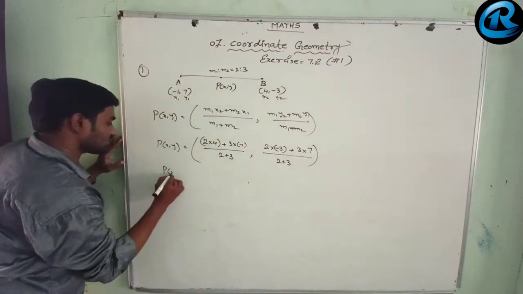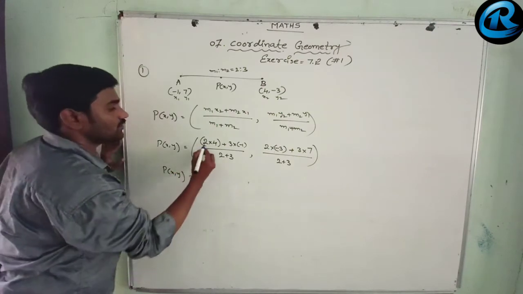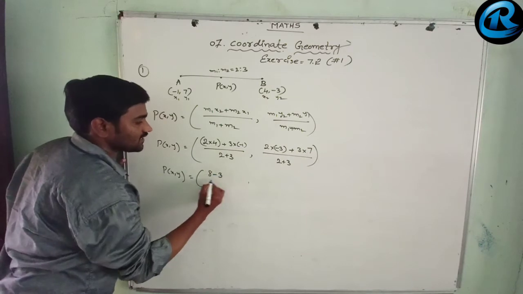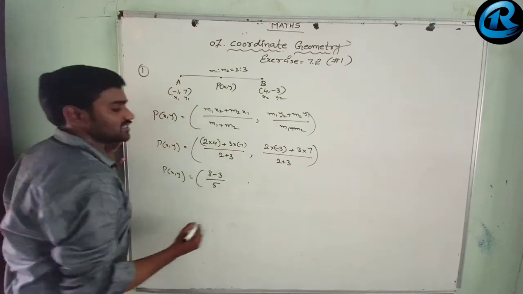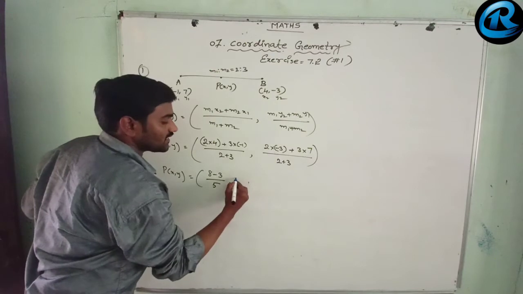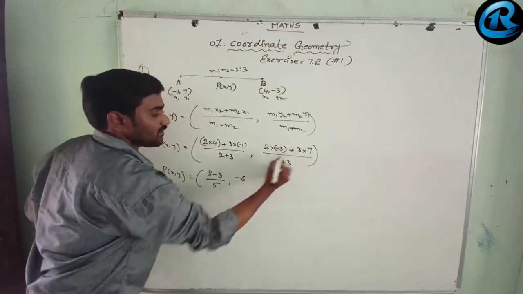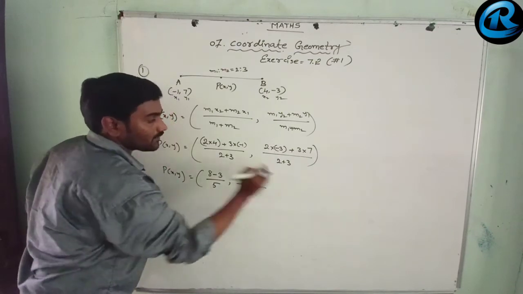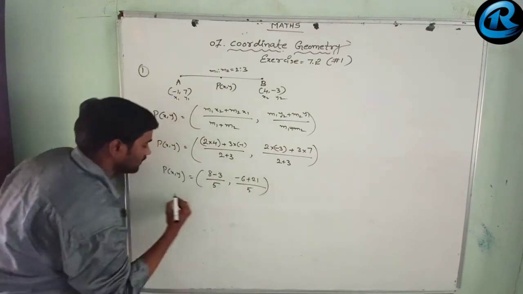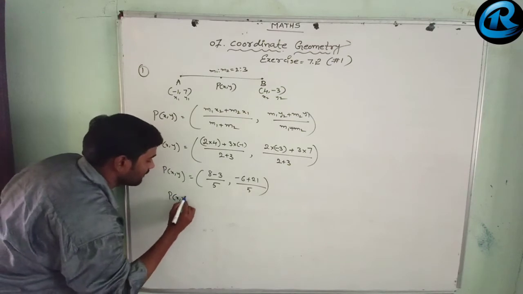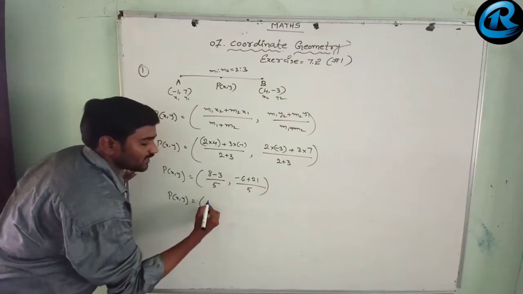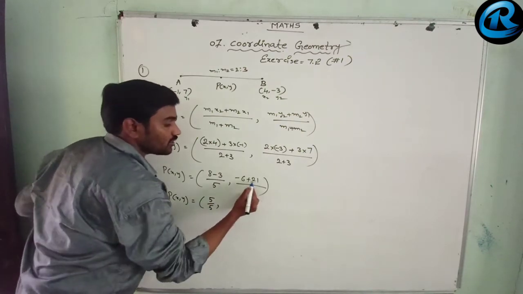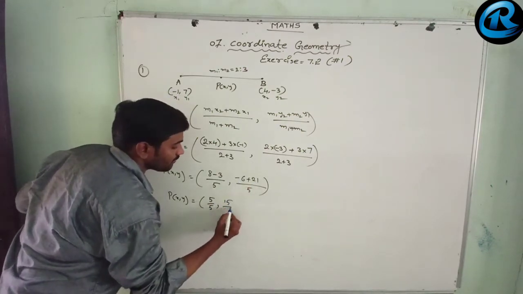So P(x, y) is equal to 2 fours are 8, plus 3 into -1 is -3, by 2 plus 3 is 5, comma, 2 into -3 is -6 plus 3 sevens are 21, by 2 plus 3 is 5. So 8 minus 3 is 5 by 5, and 21 minus 6 is 15 by 5.